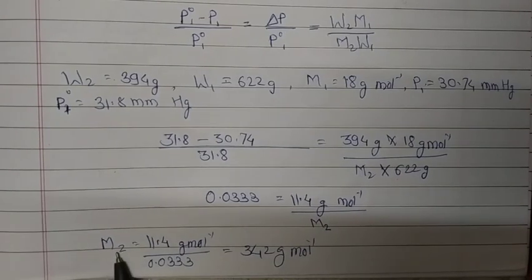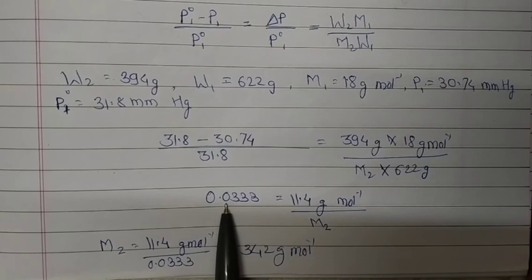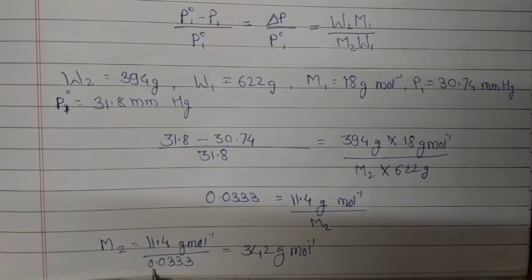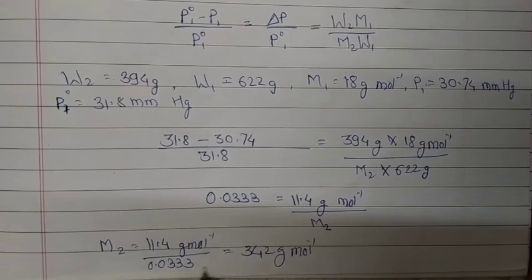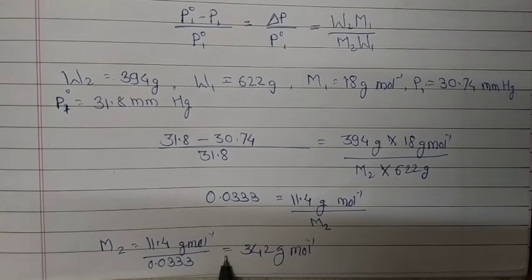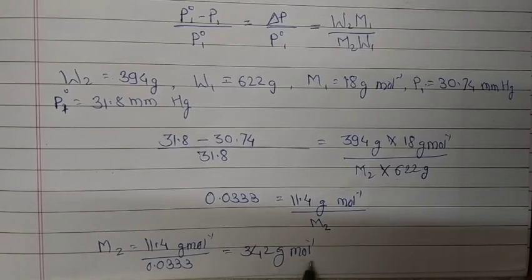Now M2 is equal to 11.4 gram per mole, which is on the left side and goes to the right side, divided by 0.0333. What is the value of M2? It's 342 gram per mole. Now this is the problem based on the molar mass of solute.